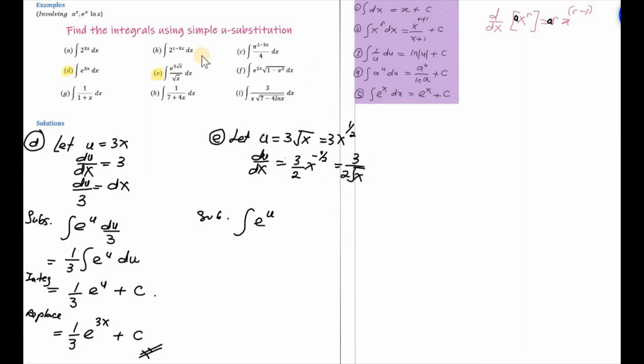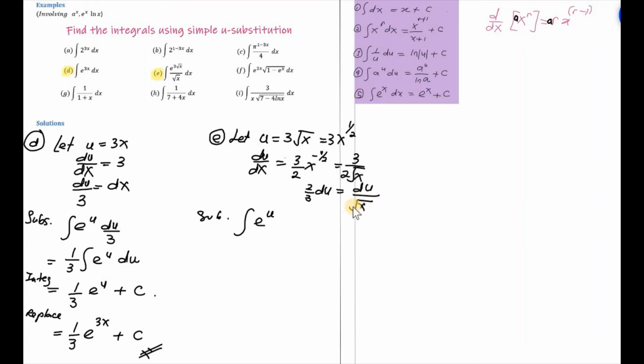So we need to replace the dx. What is the dx? Well, over here we have this dx over radical x. If we rearrange it, we get 2 on 3 du, similar to the one that I want.